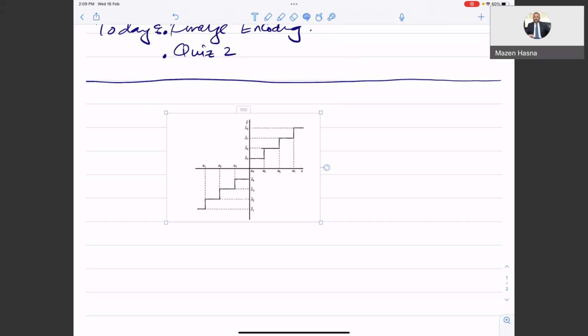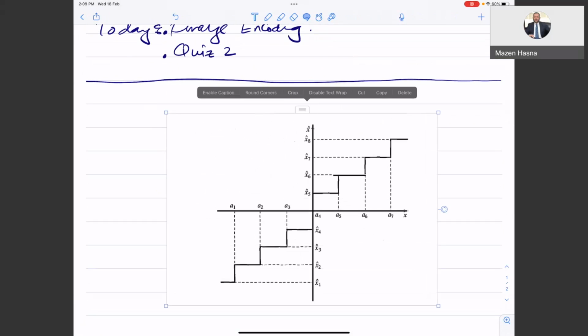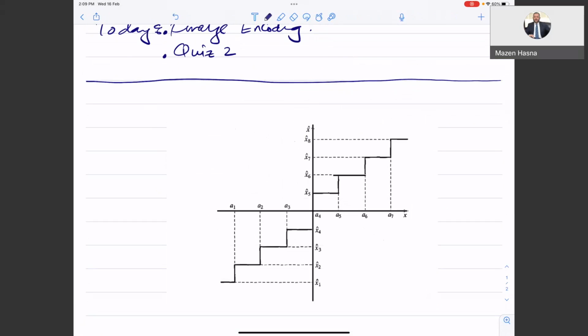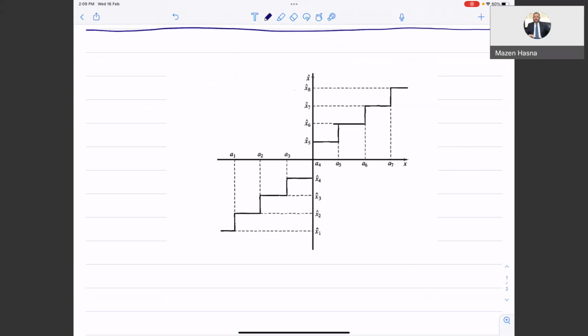Assume a Gaussian of 0 and 1: this was 0.9, this is 1.5, and so on.